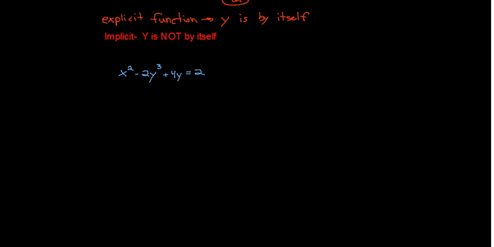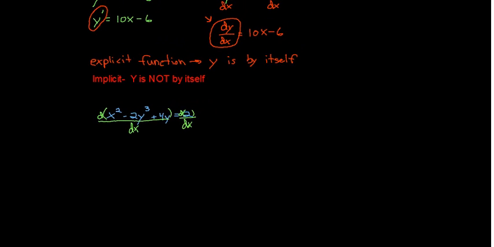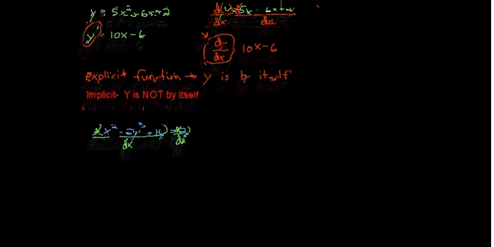We're going to take the derivative of this side with respect to x, and we're going to take the derivative of this side with respect to x, just like we did up here. As you can see, it looks exactly the same. Although this one will be a little bit more complicated.